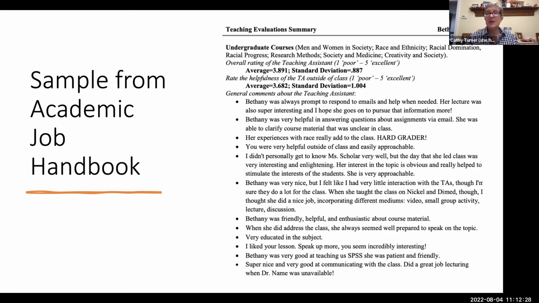But here you can see that Bethany included some that are very, very positive. Always prompt to read emails, very nice, friendly, helpful, enthusiastic, all these great things. But there are some things that are maybe less than great: hard grader, some students saying, I didn't get to know her very well, things like that. So she didn't cherry pick only the positive comments. She included a nice general range here. And I think that's useful to start thinking about.